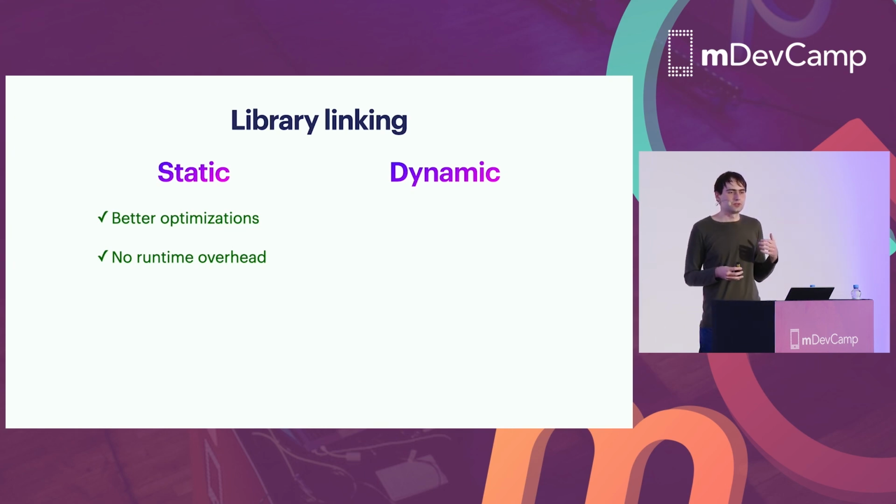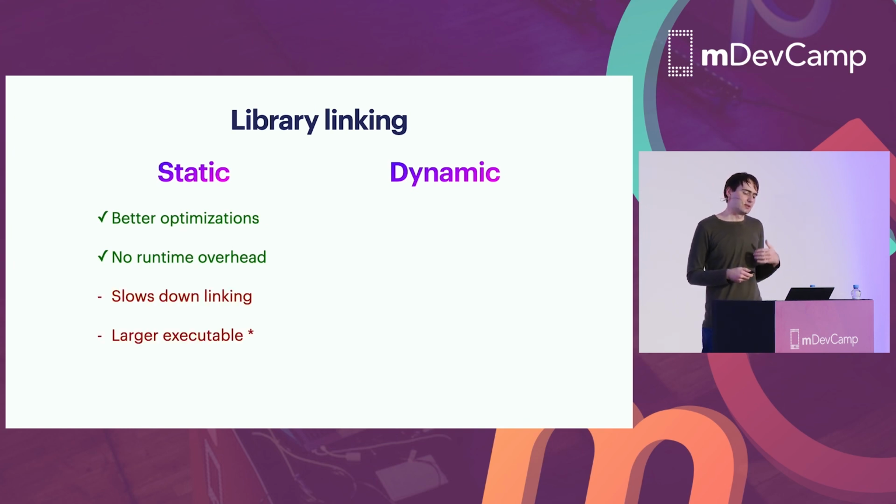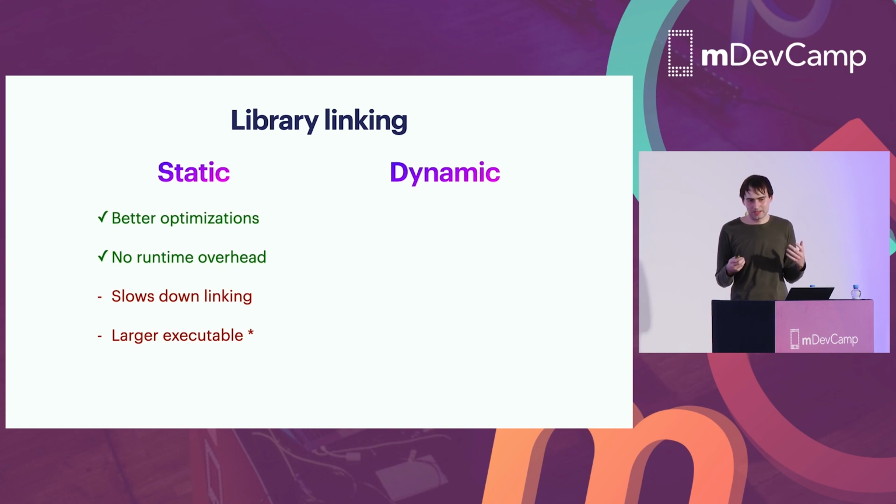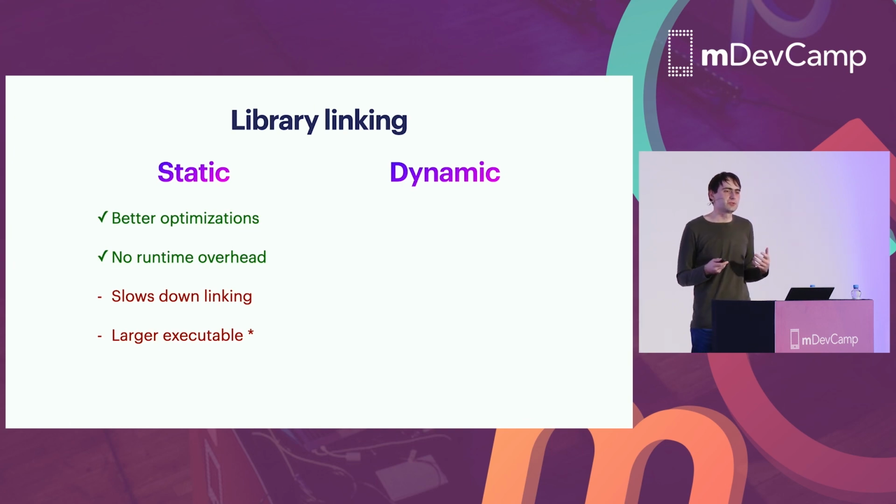And because the linking is done at compile time, there is no runtime overhead. The disadvantage is that because the linking is done during compile time, it slows down the compilation process. And technically, we get a larger executable because we need to copy over parts of the library inside the executable.